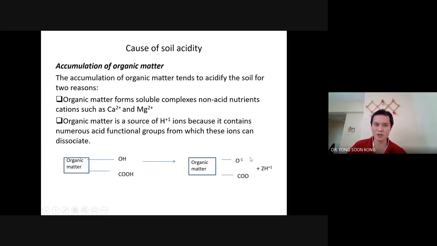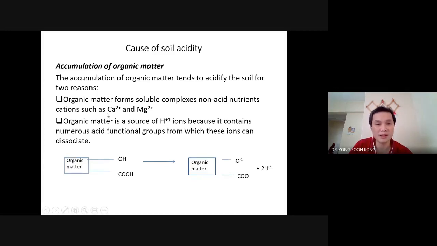However, if it's attached to any long hydrocarbon, it's not going to happen. Long story short, that is organic chemistry. I am not teaching you organic chemistry, so I'm just telling you that you have organic matter, this will happen. Okay? And how does this further bring down the soil acidity?